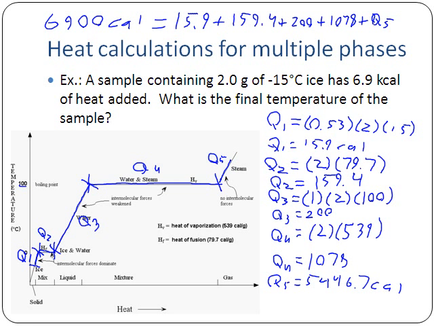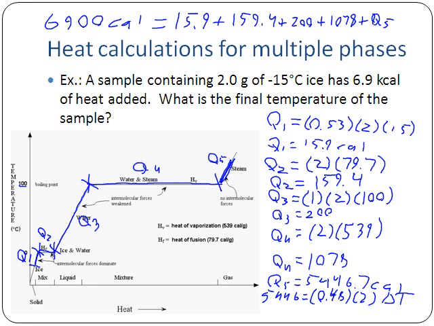calories. So if I know how many calories Q5 is, I also know that Q5 is a section where basically we're talking about specific heat. The temperature is rising here. So I'd say 5,446 is equal to C, which for gaseous water, for vapor, is 0.48, times M, which is 2, times delta T. And so from this, I can go ahead and solve for delta T. So I take my 5,446 and I would divide it by 0.48 and divide it by 2.